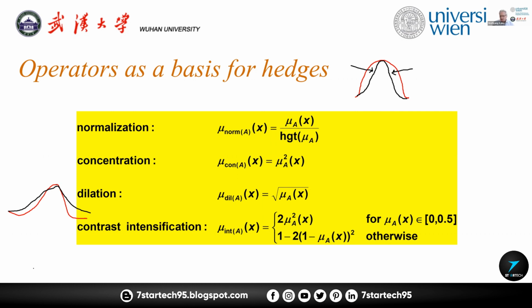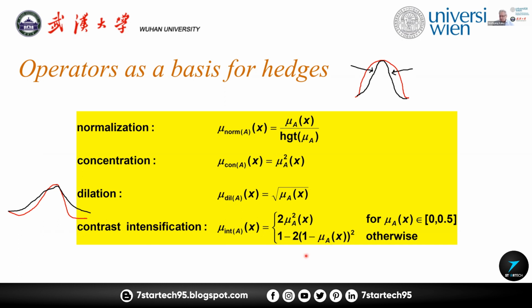And the fourth operator is the so-called contrast intensification. The contrast intensification is defined in such a way that for every membership value between 0 and 0.5, we take 2 times the concentration operator. And for all other values, meaning for all values between 0.5 and 1, we take 1 minus 2 times the complement squared.